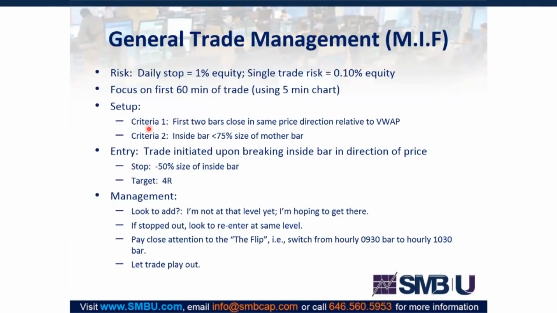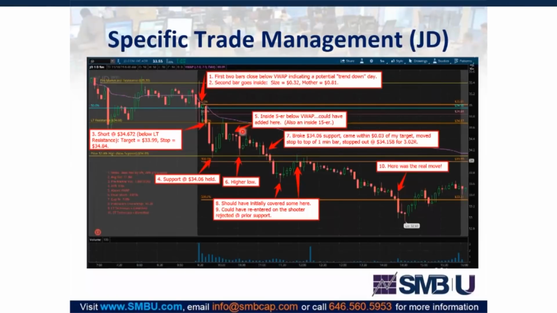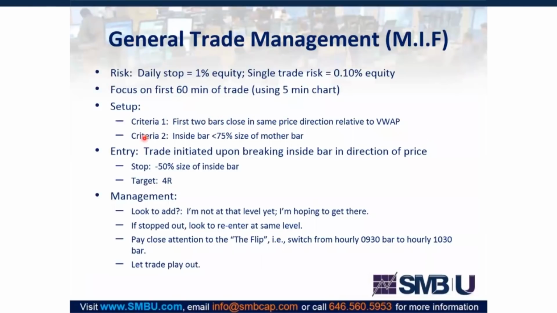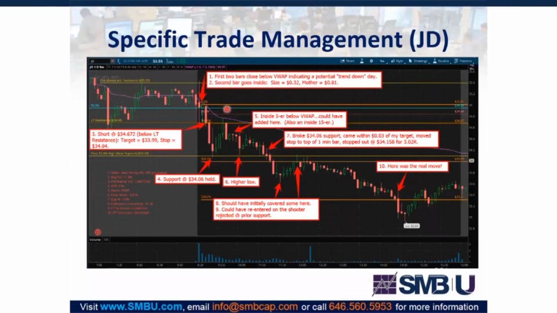So my trade criteria setups: I wanted the first 2 bars to close in the same direction relative to VWAP. So the first bar and second bar both close below VWAP. And my second trade criteria is I wanted an inside bar less than 75% the size of the mother bar, which is what I had here with the second bar: 32 cents, and the mother bar was 81 cents.